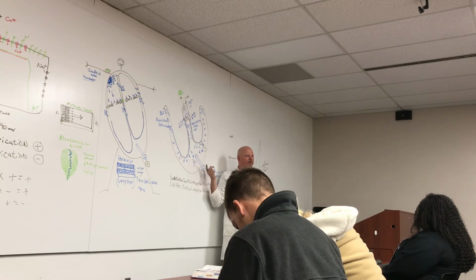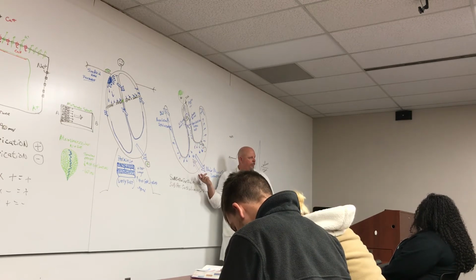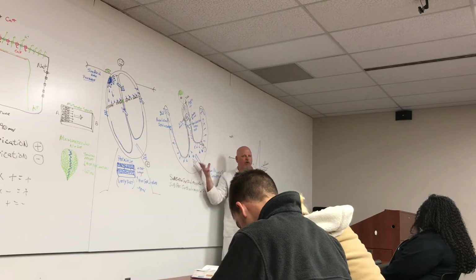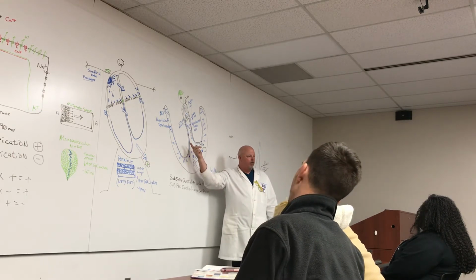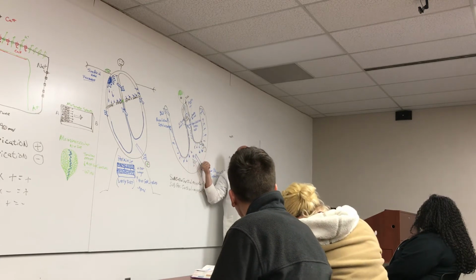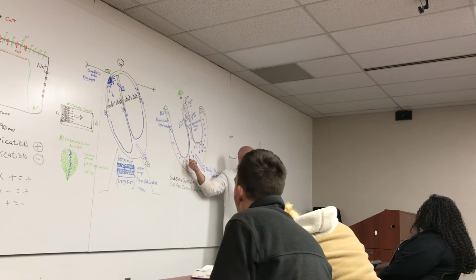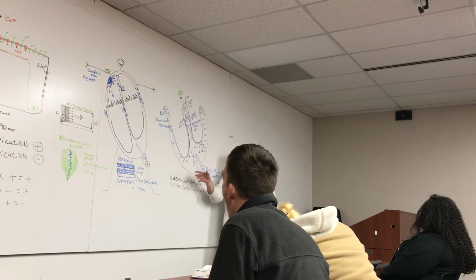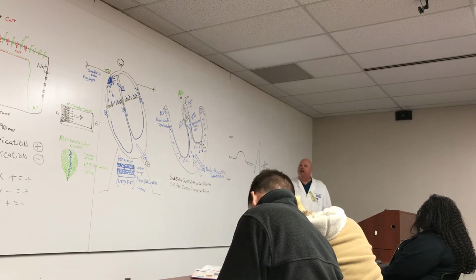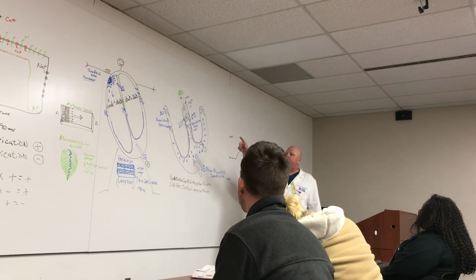Where does the blood start flowing first? Blood on the outside of the heart starts flowing first and then flows into the heart. So repolarization occurs first from the outside in. Does that make sense?